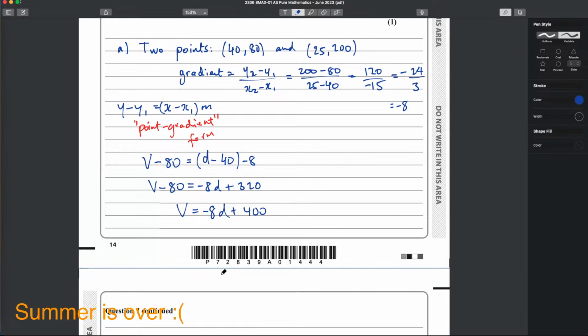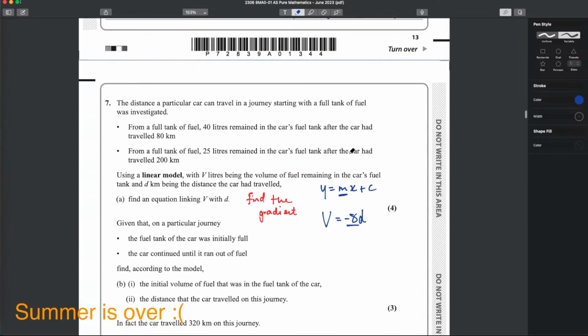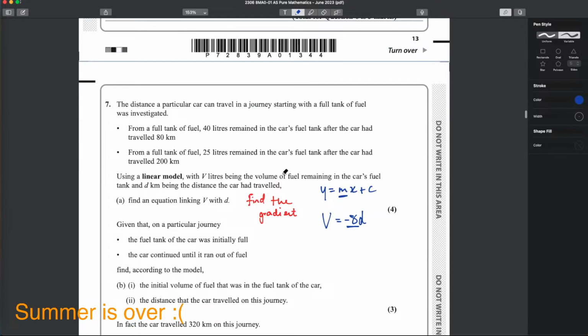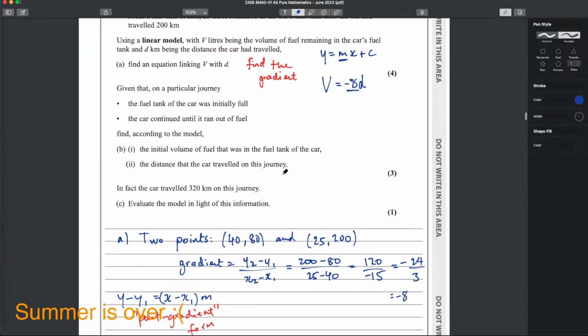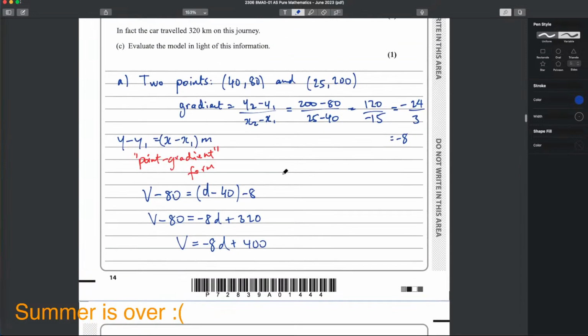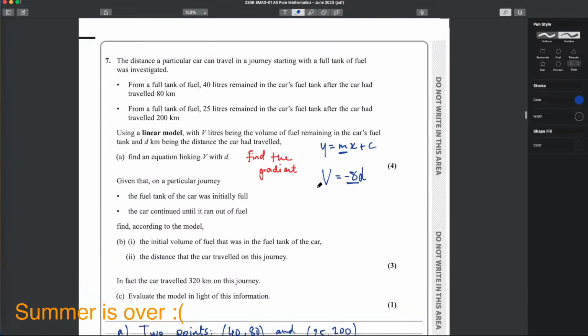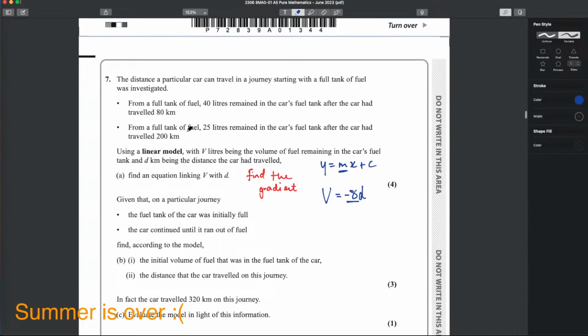The equation you have is the amount remaining in the tank. Yes, that's what we were looking for. The fuel remaining in the car's fuel tank. Okay, so apparently the tank has a capacity of 400 liters. Does that make sense? That seems quite a lot.